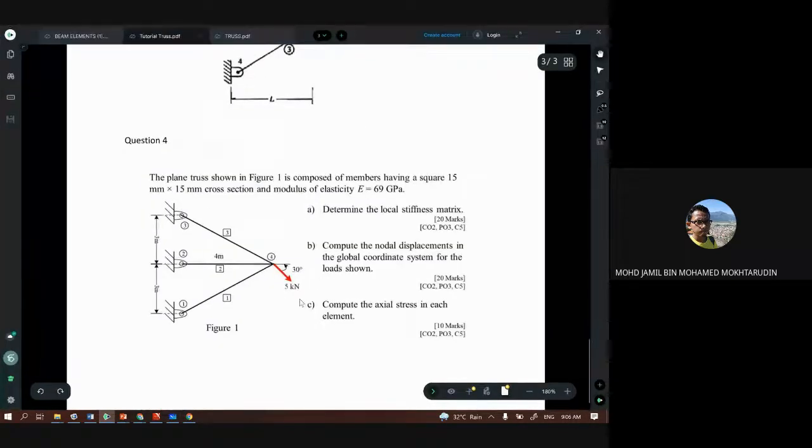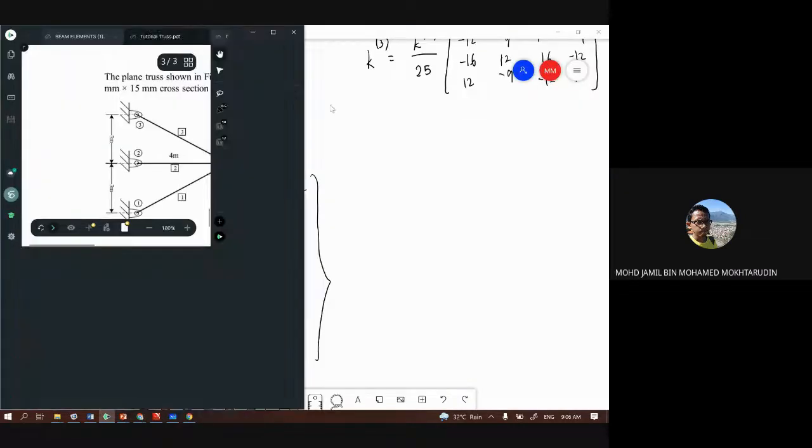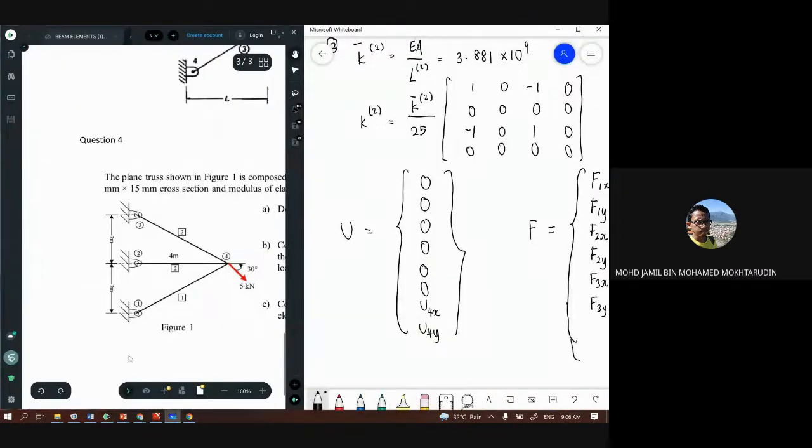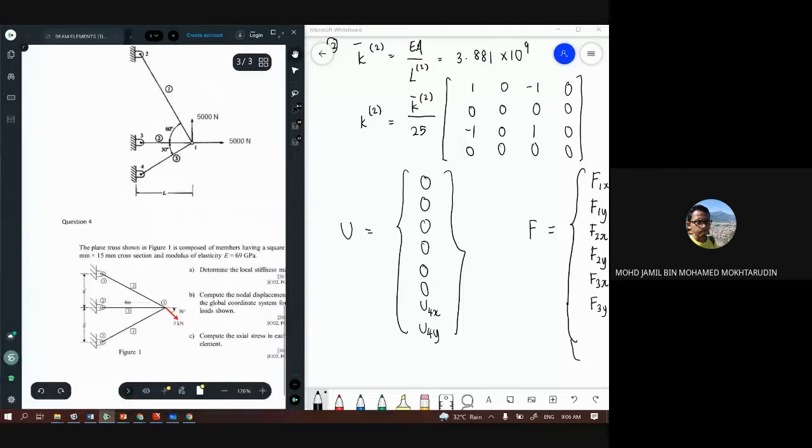Okay, so the force on node number 4 is 5 kilonewton with an angle of 30 degrees, a clockwise angle from the positive x axis. So we can split this force into x direction and y direction. So let's do that first.